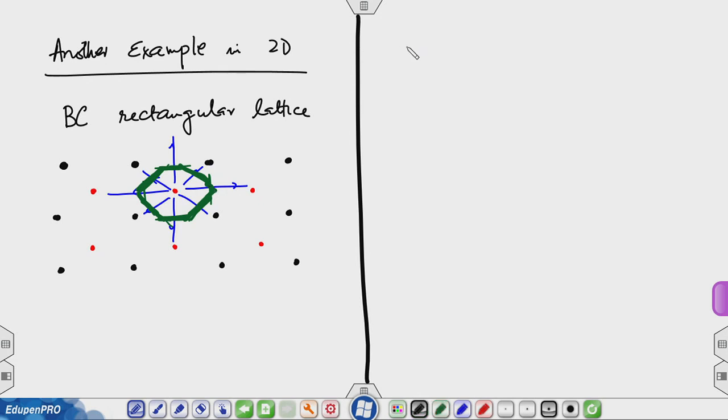Let us take an example in 3D, and I am going to take a simple cubic.